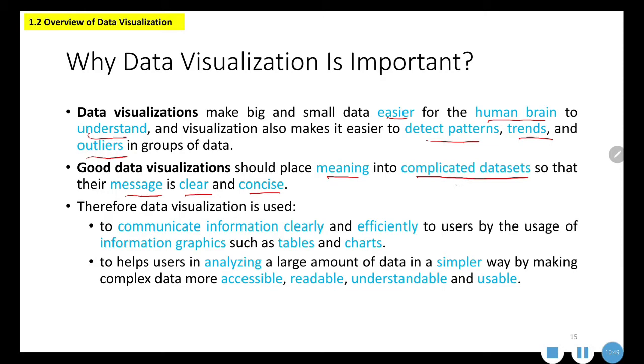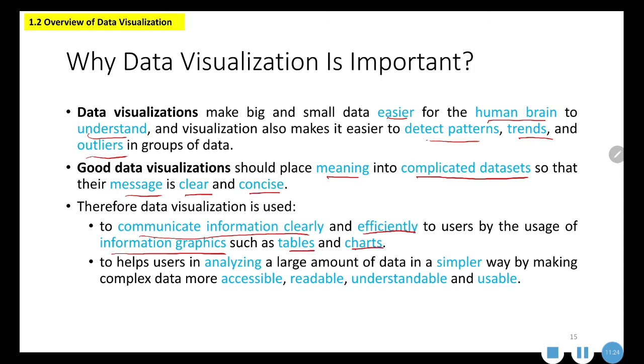We have more than one set being combined together in order to produce one visualization, so that the message can be clear and concise, to be digested by readers or by the audience. Therefore, data visualization is used to communicate information clearly and efficiently to users by the usage of information graphics such as tables and charts.